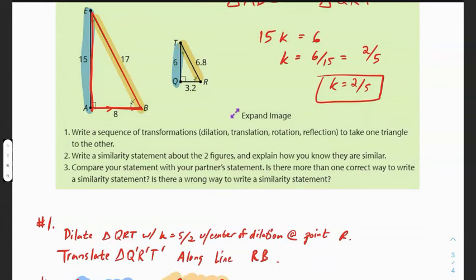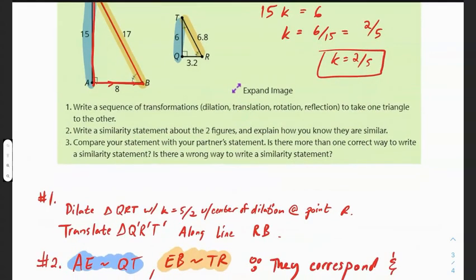And how do I know that? Since they correspond and apply the same scale factor. Okay, so when they were getting smaller, right, the scale factor was 2/5. If you go reverse of that, it's 5/2, right?